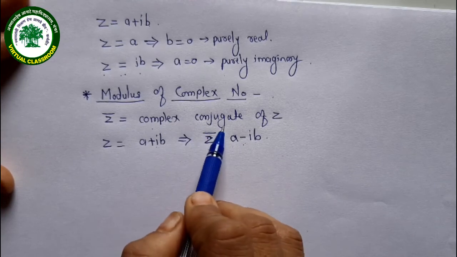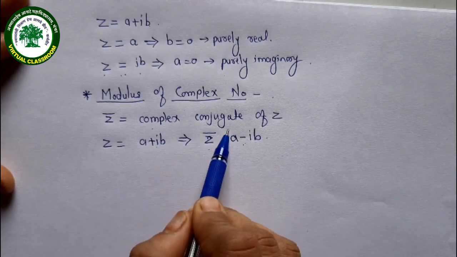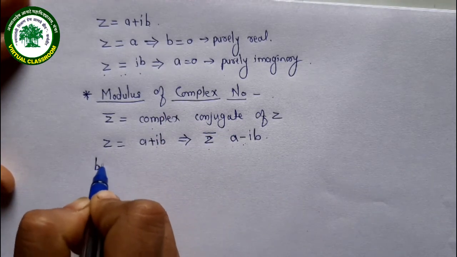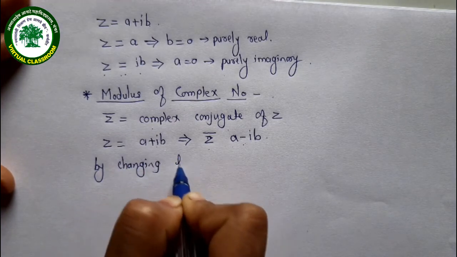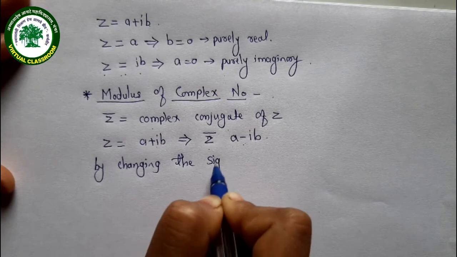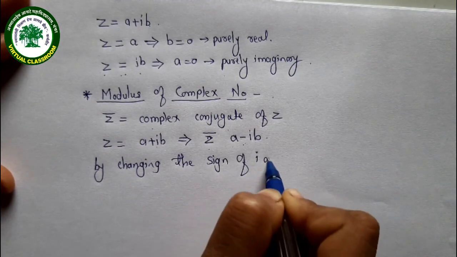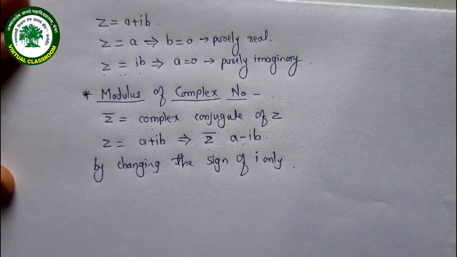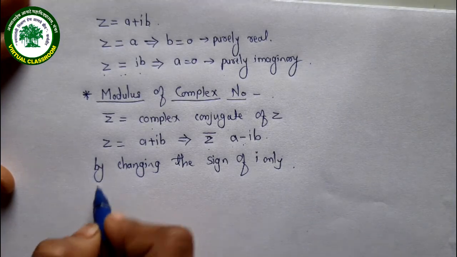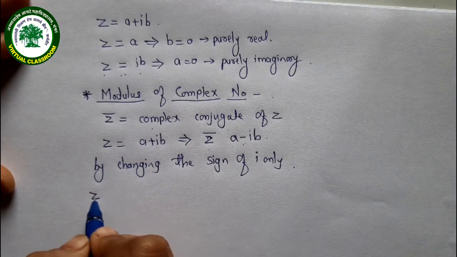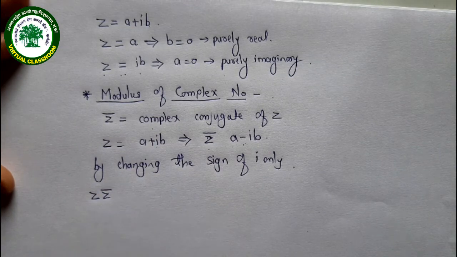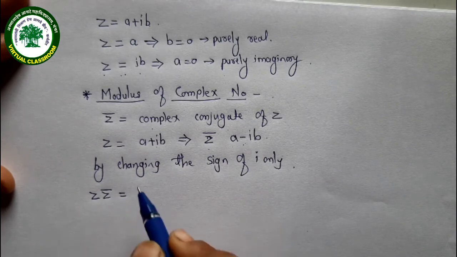So the complex conjugate of a given complex number can be obtained by changing the sign of i only. Now suppose we take the product of a complex number with its complex conjugate. Let us see what we will have.